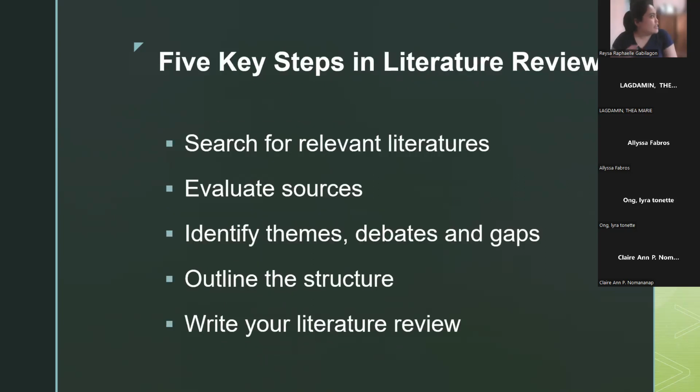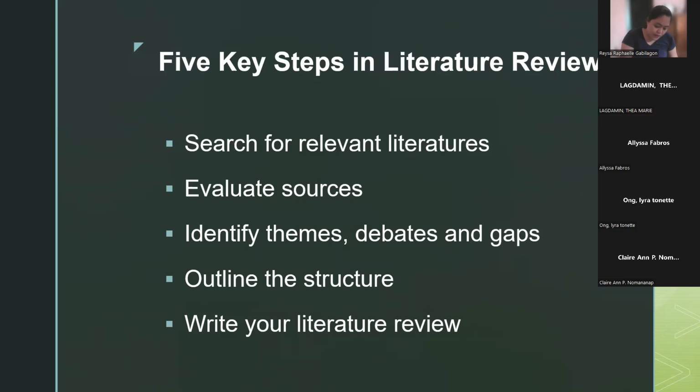Na pag alam na natin yung i-review, syempre gagawa na tayo ng sarili nating literature review. And these are the 5 key steps. We have 5, isa-isa ko siyang discuss ha, but to summarize this first, syempre you have to search for relevant literatures. Pag naka-search ka na, i-evaluate mo pa. Hindi yung pag nakakita ka na automatic, ilalagay mo na siya sa paper mo.